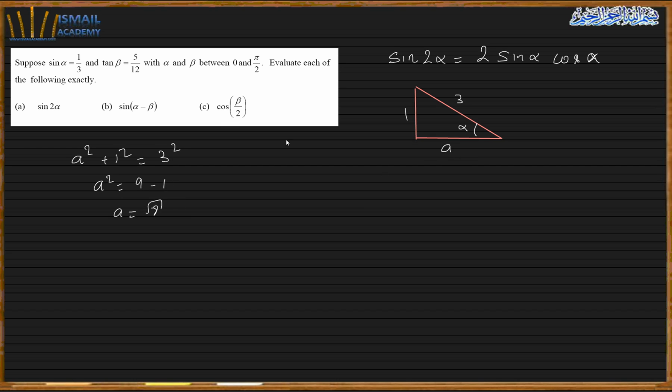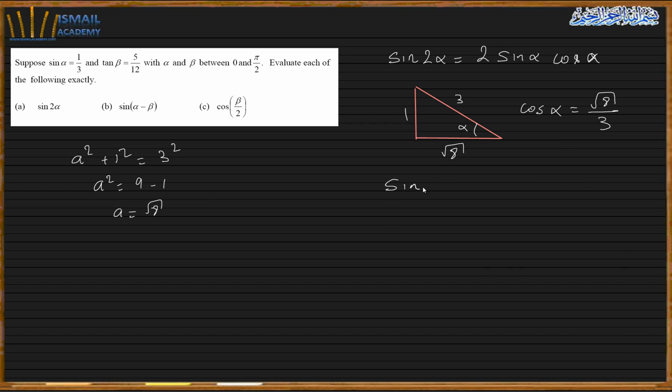So the cosine of alpha, which is the adjacent over the hypotenuse, is going to be square root of 8 over 3. So I have my sine, I have my cosine, so I can find my double angle.